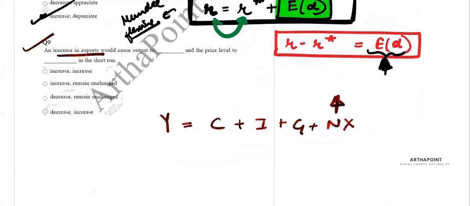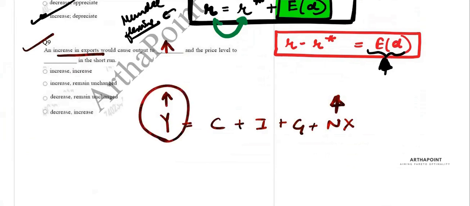Question number 9. Increase in exports will cause output to dash and price level to dash in the short run. So now when we talk about exports increasing, I have my simple equation, y is equal to c plus I plus g plus nx. If my net exports are increasing, my output will increase.